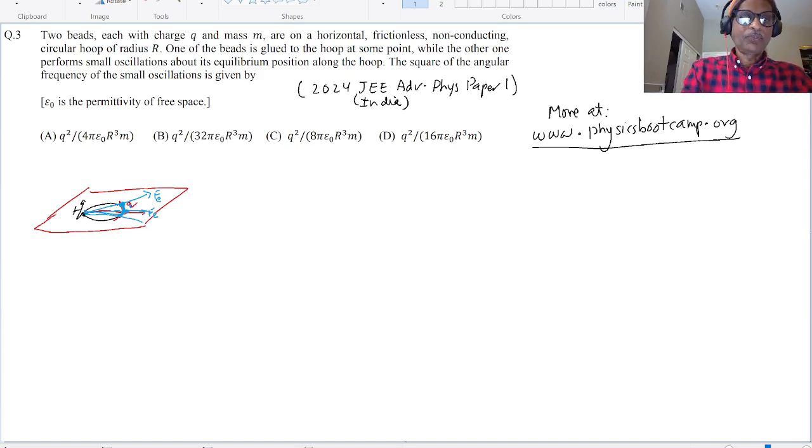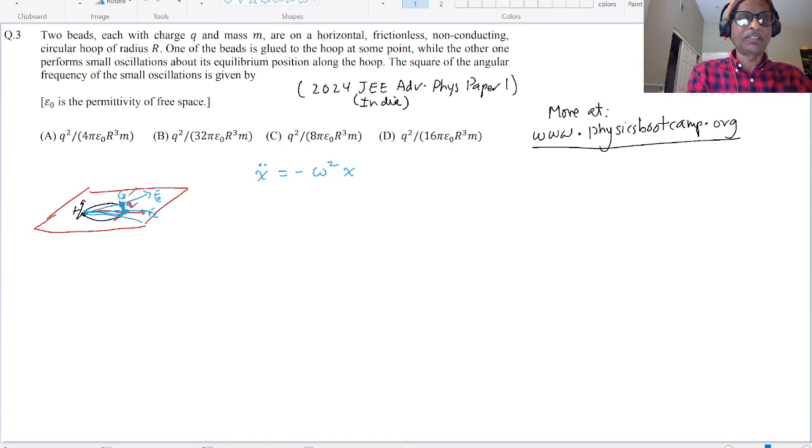So when things are oscillating like that, you always look for equations like some variable x double dot equals minus some positive constant omega square x. So if you can somehow get this to come out, maybe the x coordinate of this guy.